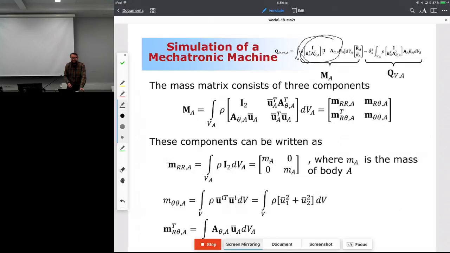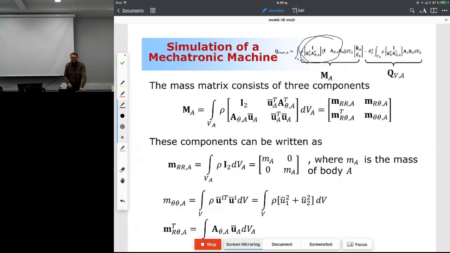So the third component. I explained that there is a mass of the body, and there is a mass moment of inertia that resists the rotational motion. The mass of the body resists the translational motion. The heavier the mass, the harder it is to push in translational direction. The higher the mass moment of inertia, the harder it is to rotate the body. That's how it is.